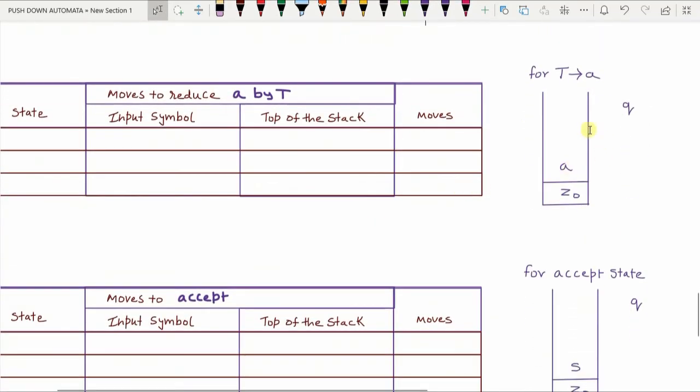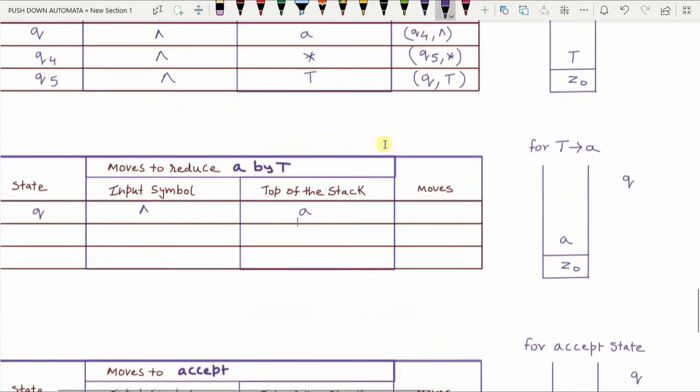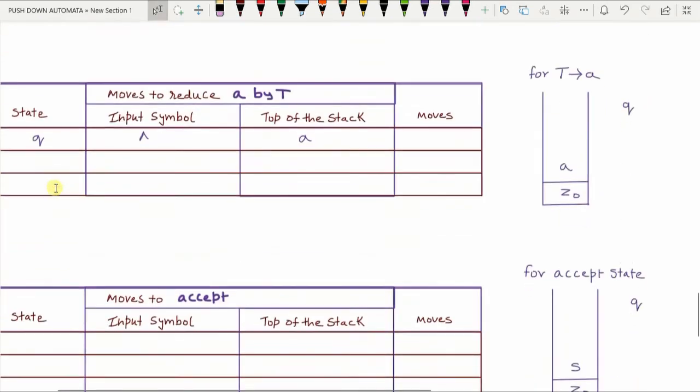The next production is T gives A. Now for this production, again the same thing. Q is my initial state. Nothing is read as input. Top of the stack contains A. I've already used up to Q5, so I will say Q6.